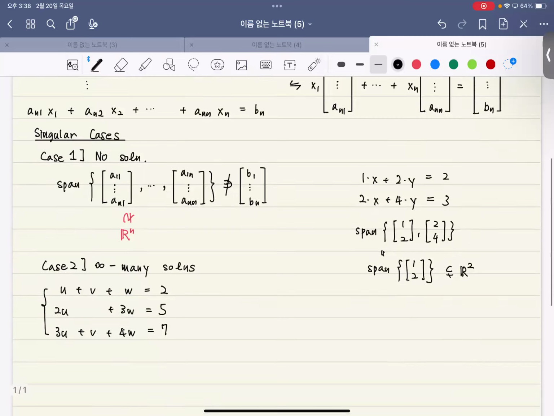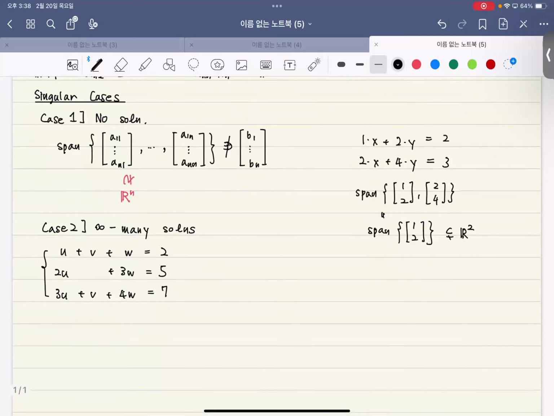Okay. Let's try to find the solution of this. I will not give up. Not being able to pinpoint a single solution does not mean I should give up this question. I will do my best to find a solution of this system. How? Well, let me multiply the first equation by -2 and add it to the second.